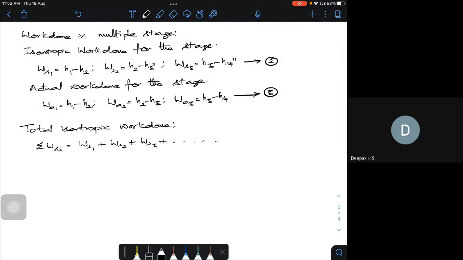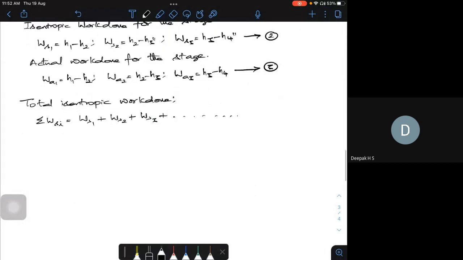If there are multiple stages, I can add everything. Here I have taken only 3 stages. So this is H1 minus H2 dash plus H2 dash minus H3 double dash plus H3 double dash minus H4 double dash. If I have more stages, I can keep adding. So this is your isentropic work done.